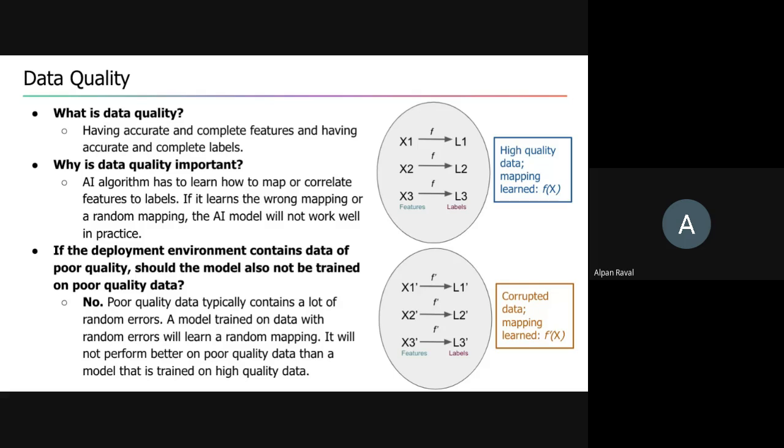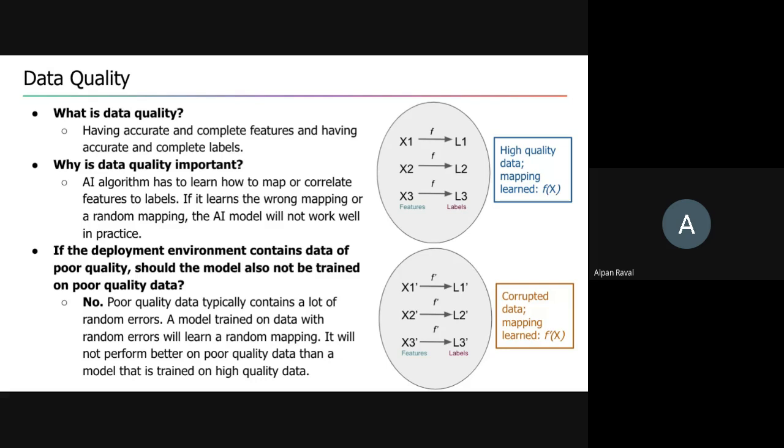So we talked a bit about data quality earlier. So what is data quality? It means having accurate and complete features and having accurate and complete labels. It's as simple as that, right? You don't want missing features, you don't want missing labels, because then it becomes more difficult for the AI to learn this correlation or mapping.